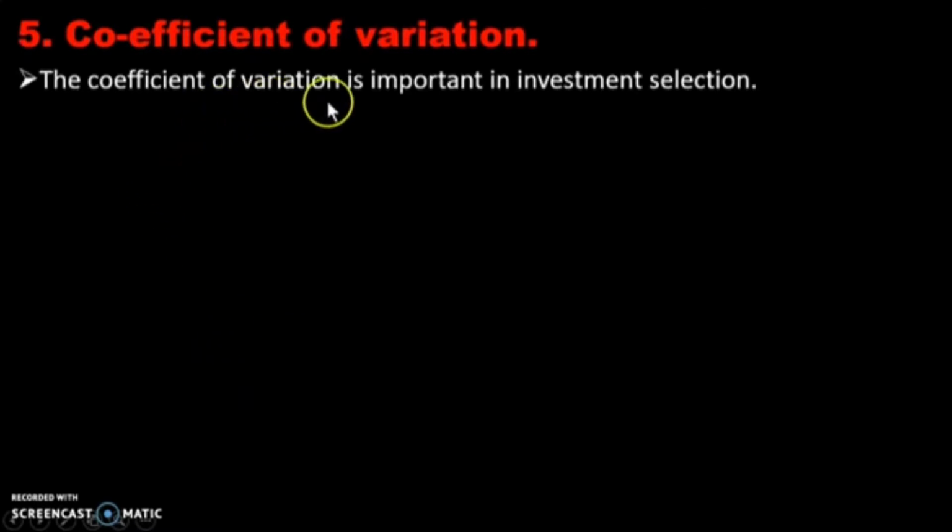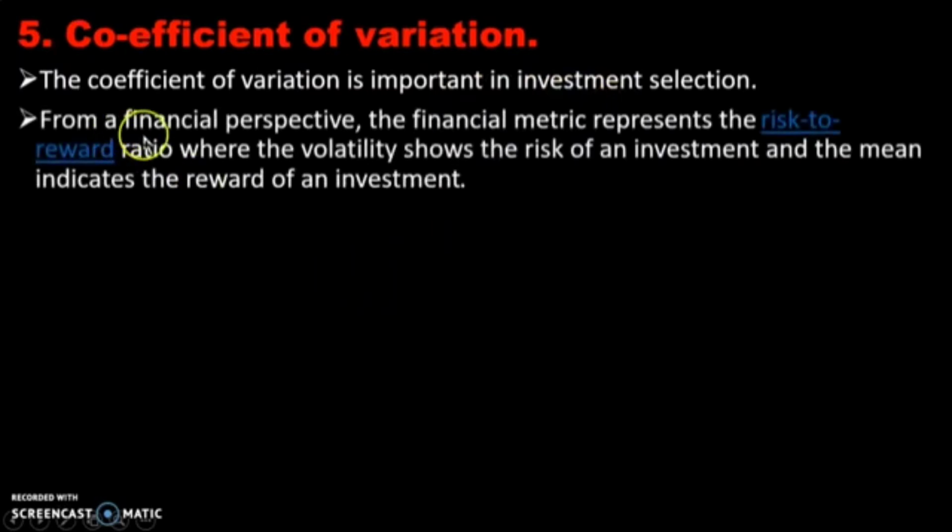The coefficient of variation is important in investment selection. From a financial perspective, the metric represents the risk to reward ratio, where the volatility shows the risk of an investment and the mean indicates the reward of an investment.